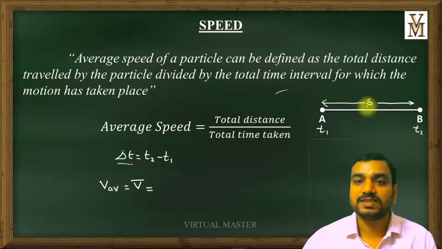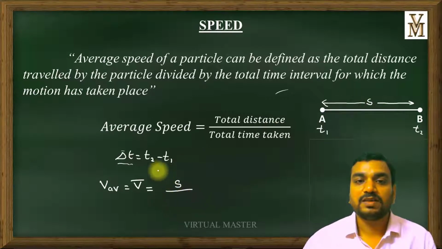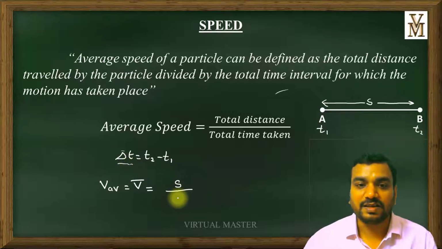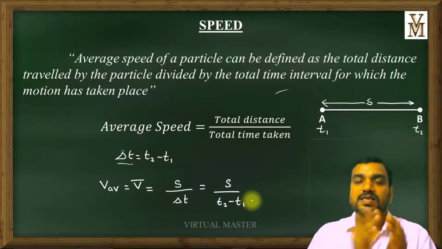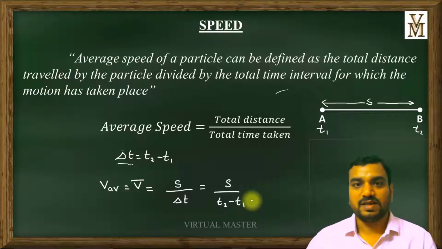Total distance traveled is S. And what is total time taken? Total time taken is delta t. I can write S divided by t2 minus t1. This is how we are going to find the speed of an object. I hope everyone has understood the concept of speed.